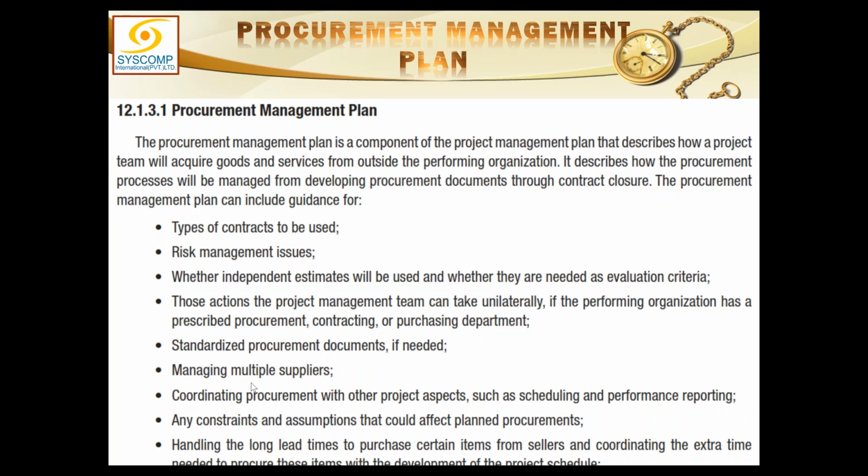So the person who would be managing the procurements would be dealing with all those suppliers or contractors. Coordinating procurements with other project aspects such as scheduling, performance reporting. So whatever the contractor will perform would ultimately impact the schedule and cost and performance of my whole project. Therefore, there has to be a coordination between the procurement work and the actual work of the project.